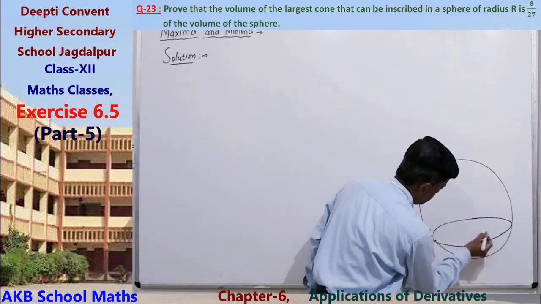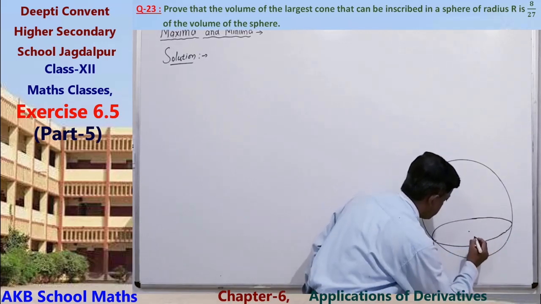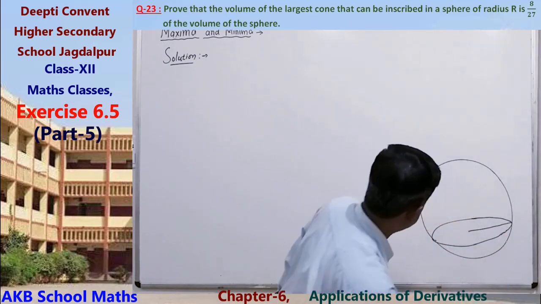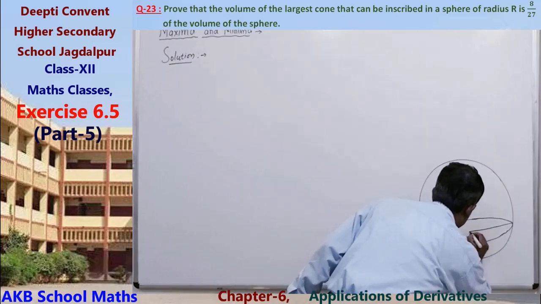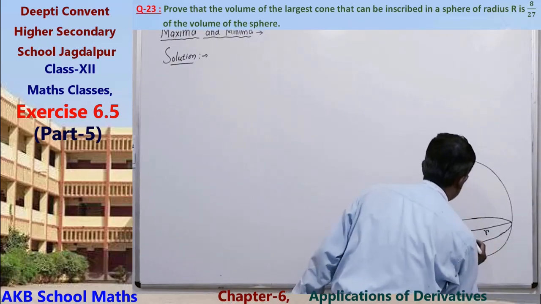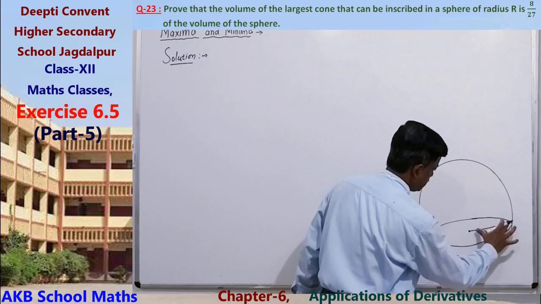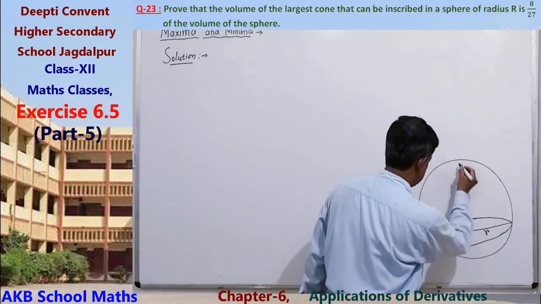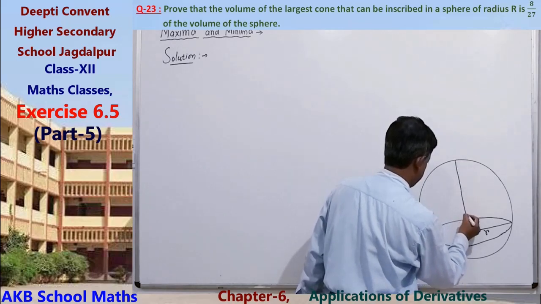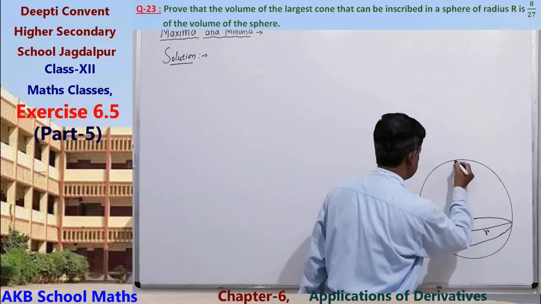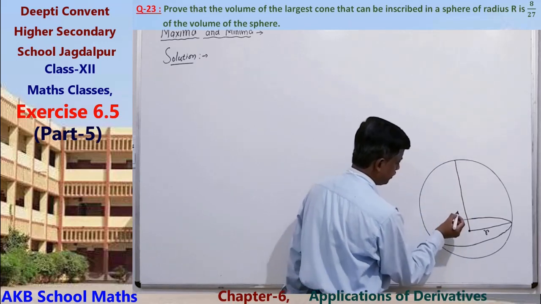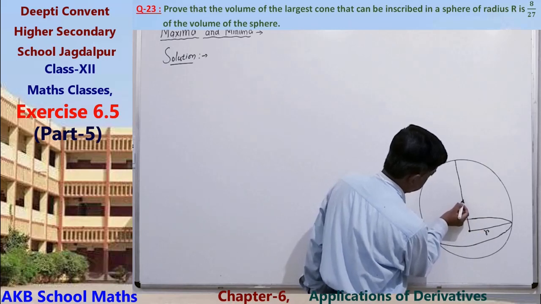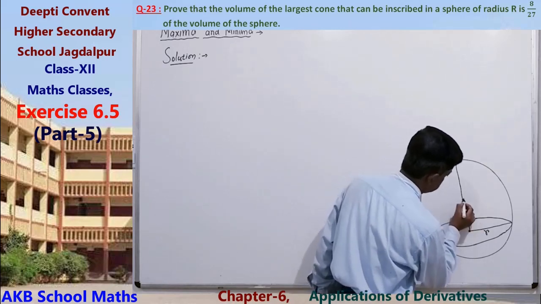This is R, the radius of the base of the cone, and this is the height of the cone, and clearly the height will pass through the center of the sphere.